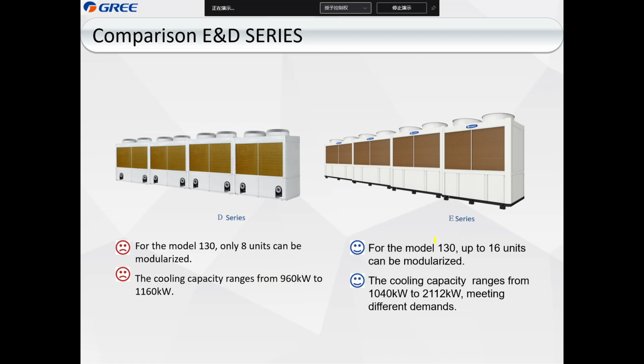But for E series, up to 16 units can be modularized. So the capacity can double. This is the main difference between E and D.